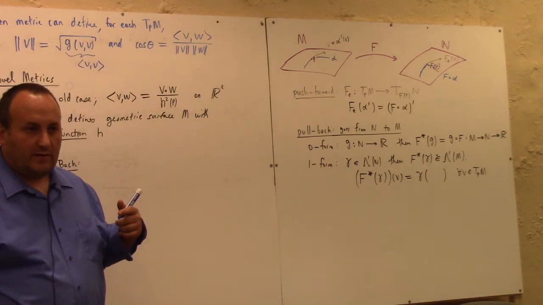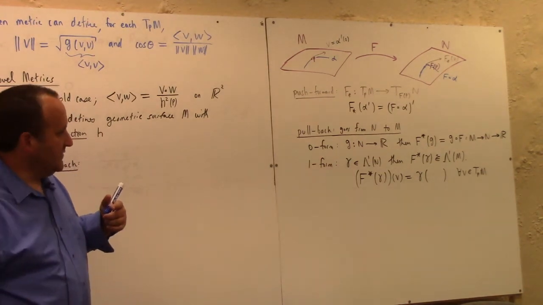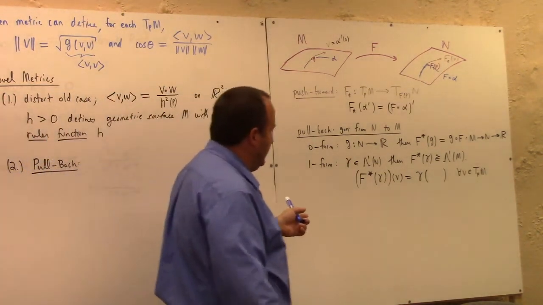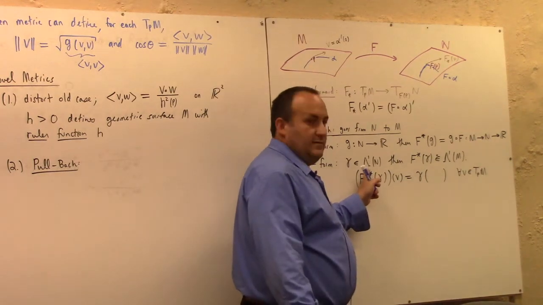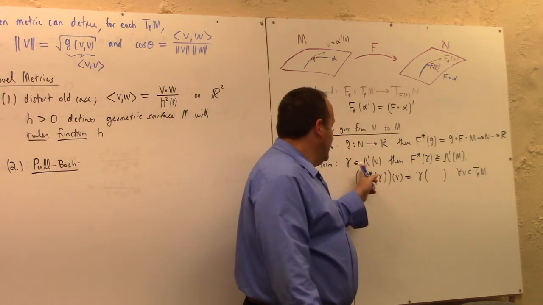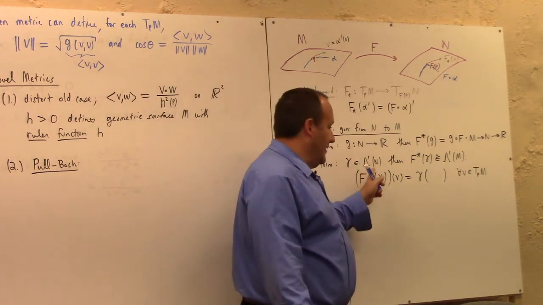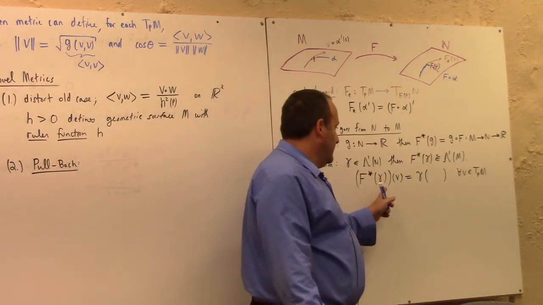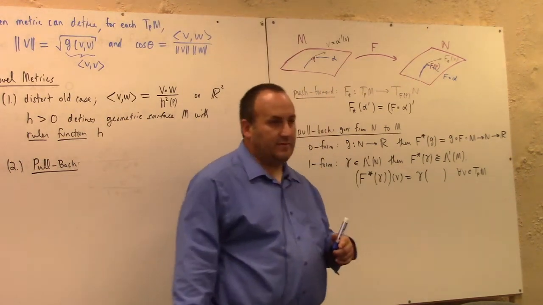That's going to be equal to gamma of something. Gamma is a one form on N, right? So it has to have as input tangent vectors to N. How do I get a tangent vector to N from this V and this F map?